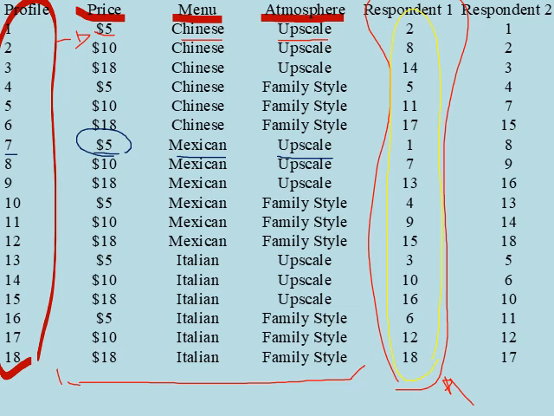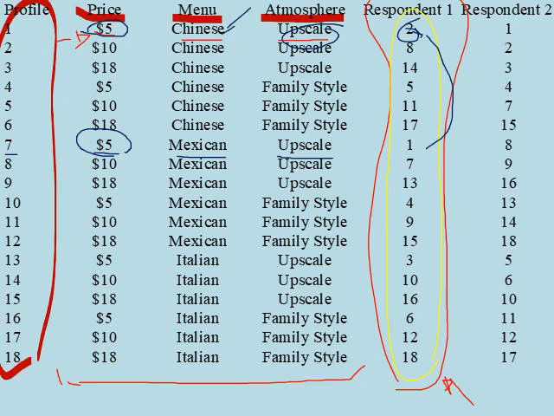Now let's see what happens. What is this person thinking in terms of trade-offs? So you move from preferring card number 7 to the second preference, which is a restaurant that is still cheap, right? Still upscale. So these two things have not changed.